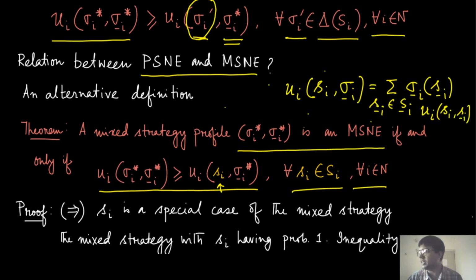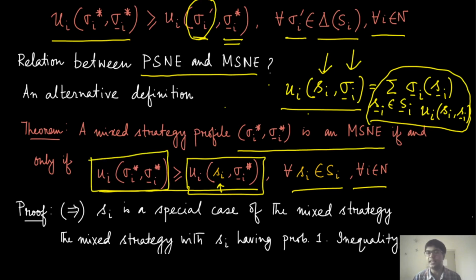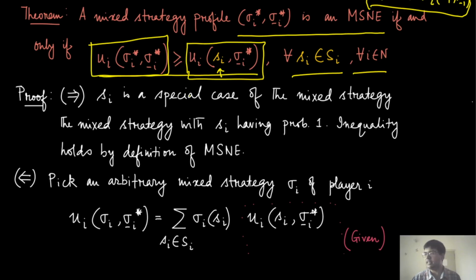Whenever you take this weighted sum, that is exactly what we mean by u i of s i, sigma minus i. Player i is playing a pure strategy, other players are playing a mixed strategy. That is what we have written on the right hand side. So it says that the expected utility of player i at that mixed strategy profile should be at least as much as this utility of player i for all strategies of player i. The proof is not at all difficult, so let me just walk you through it.